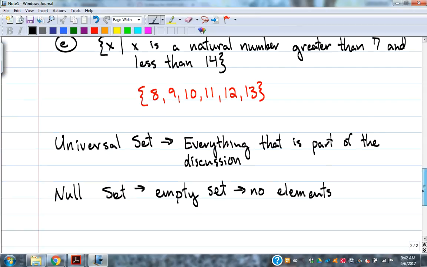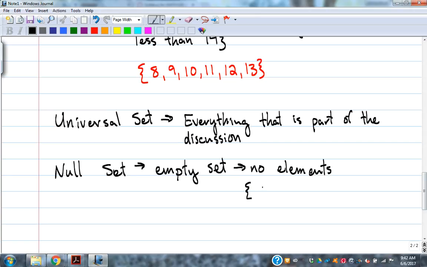The notation for that is just an empty set of brackets or a circle with a slash through it. So either of those, an empty set of brackets or a circle with a slash through it, means the null set, or no elements involved. That's the notation you're going to use there.